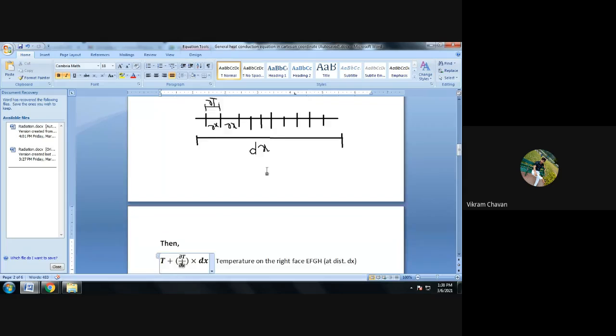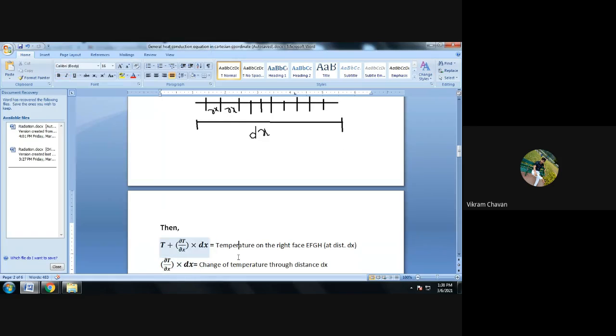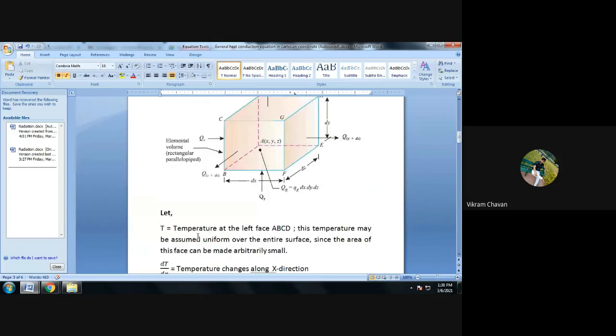Okay, so the similar thing we have noted in an equation format. Initially the ABCD face is maintained at T degree Celsius temperature. Now heat is traveled from this face to this face. So heat traveled dx distance, and during that dx distance, how much change will happen in the temperature?